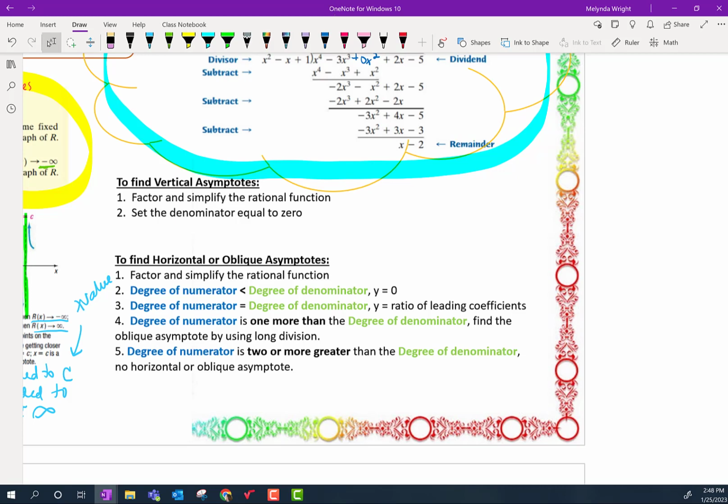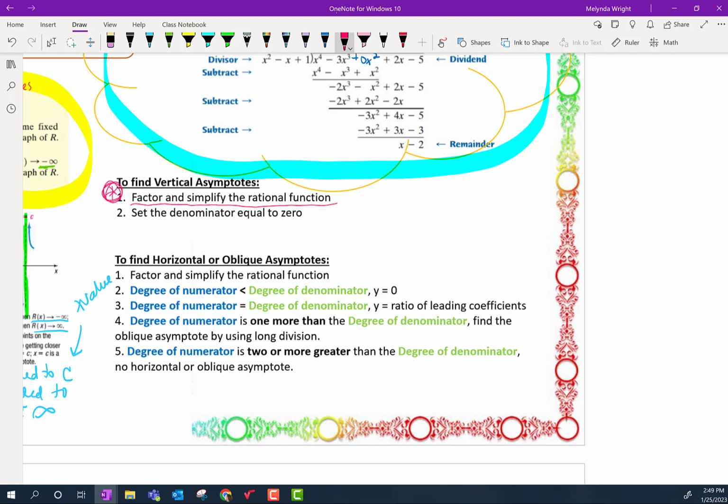So to find the vertical asymptotes, those actually, to be honest, are the most straightforward ones to find. But I want to put an asterisk here on number 1 because that's really important. Before you even attempt to find anything, you must factor and simplify the rational function. You've got to do that. Factor and simplify first.